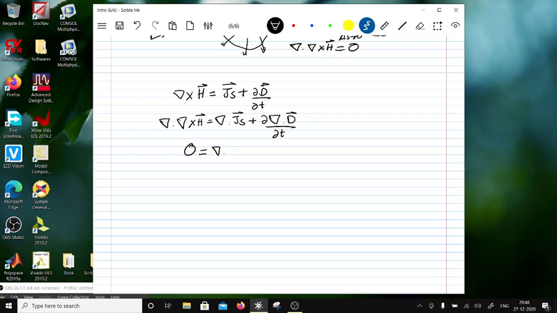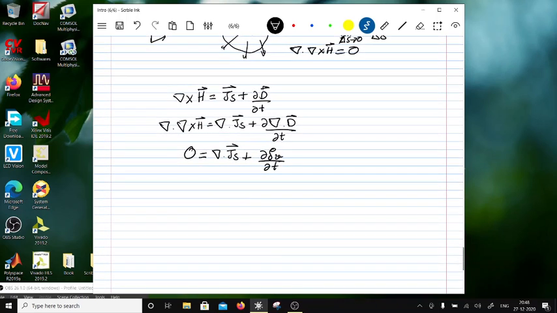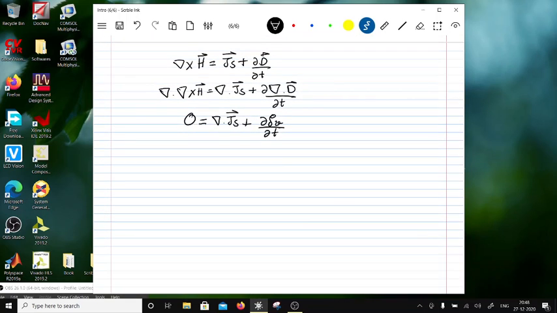This is the divergence of current, and this is dou rho v by dou t from the third equation, divergence of D is equal to rho v, right? So that means divergence of Js is equal to minus dou rho v by dou t.